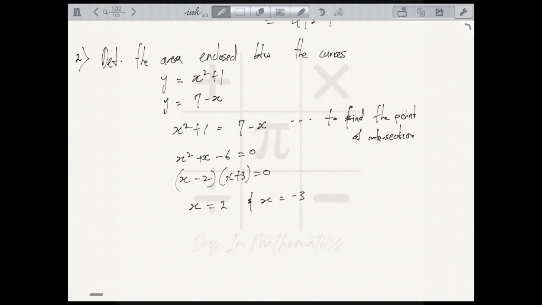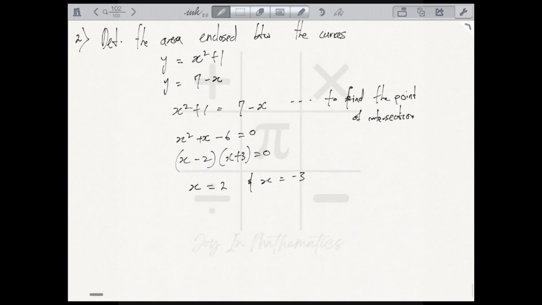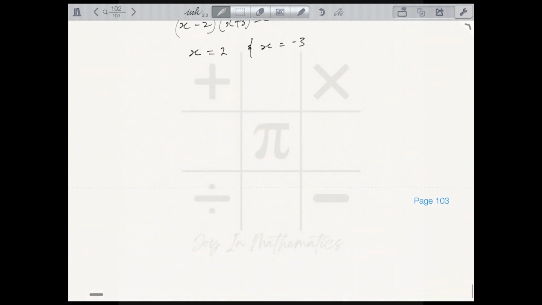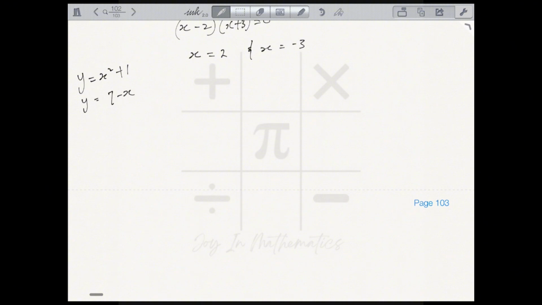So let's have a brief sketch of both y is equals to x squared plus 1 and y is equals to 7 minus x. So let's sketch them, and we can see that x squared plus 1 is similar to this, and 7 minus x is similar to this.